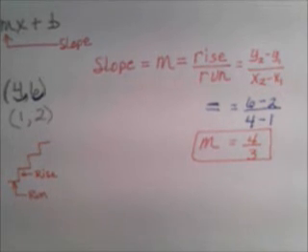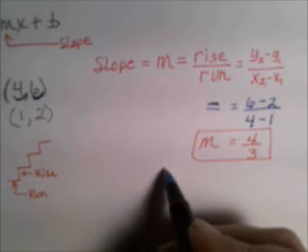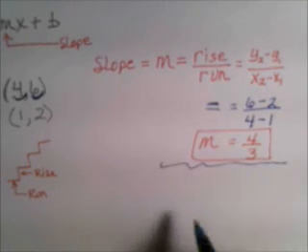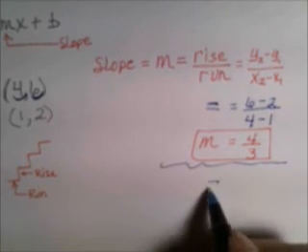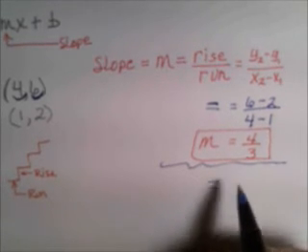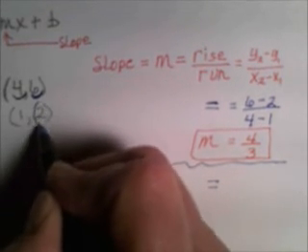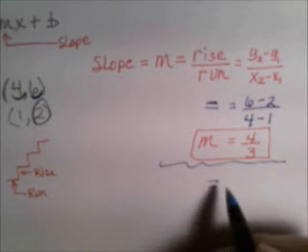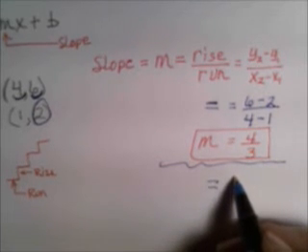Okay, so now you're thinking, well, if you can choose either pair, what if I chose the 2 instead of the 6? Well, let's do that. Okay, so we are going to choose the 2 for our y sub 2, for our first y that we're going to choose.